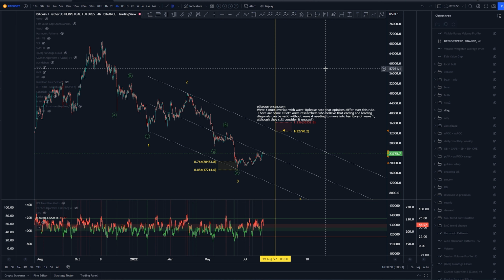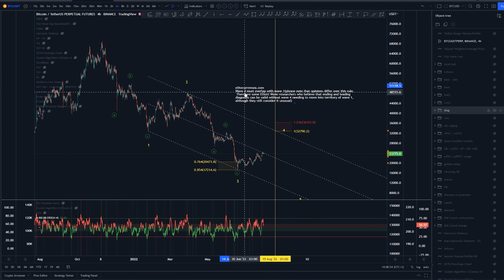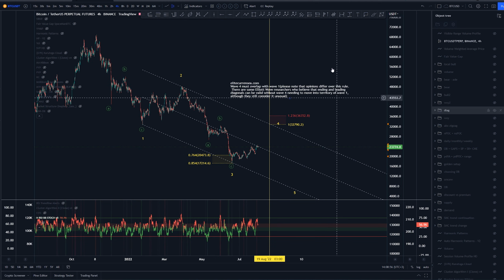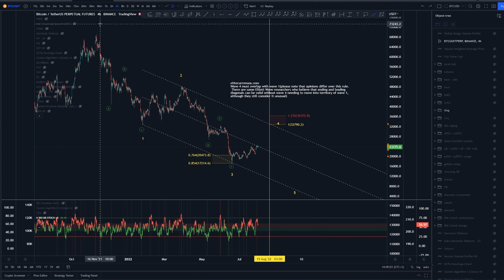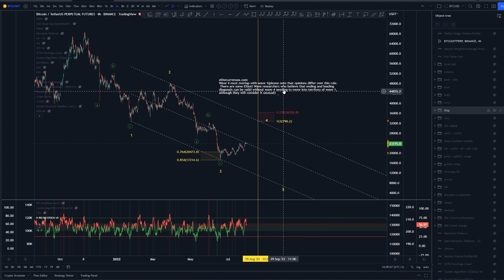This was on Discord by S83VT asking about this possible wave 4 here and whether it needs to be overlapping with wave 1 here. So this is definitely a question that doesn't have an easy answer.